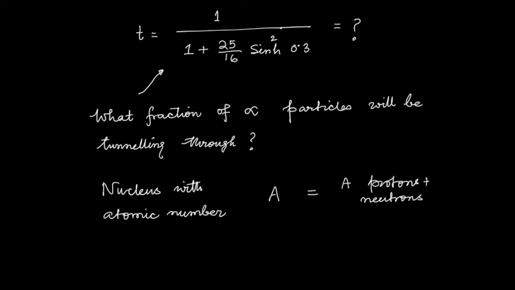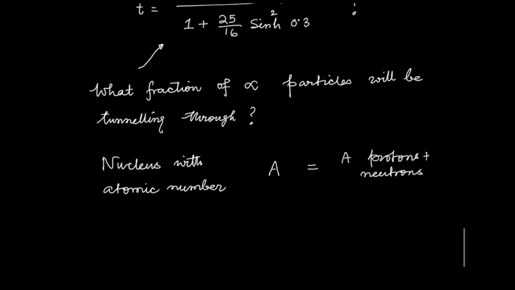It can be proton or neutron, doesn't matter, but total A. So the fraction of the nucleons that make alpha particles: it's obvious that not all the nucleons make alpha particles and come out.